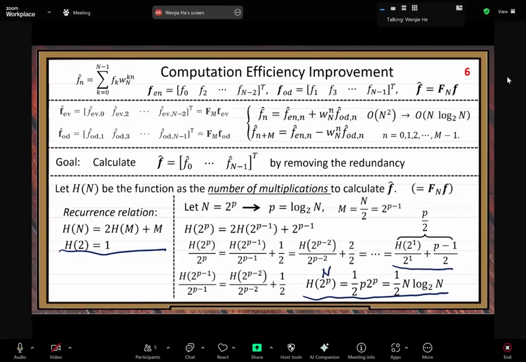All right. So now we complete two things. First, the formula is correct. Fast Fourier transform: we use a different way to calculate the Fourier coefficients, but we get the same result. Second, why is this new algorithm faster than the old one?